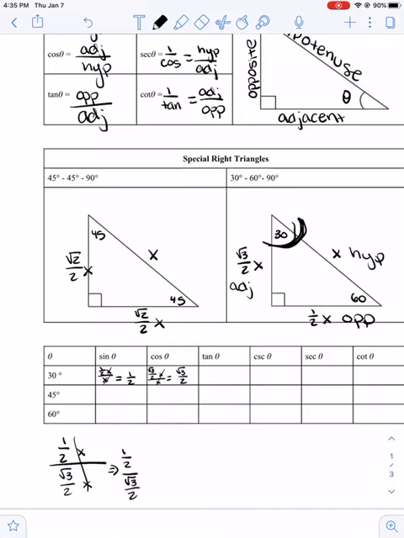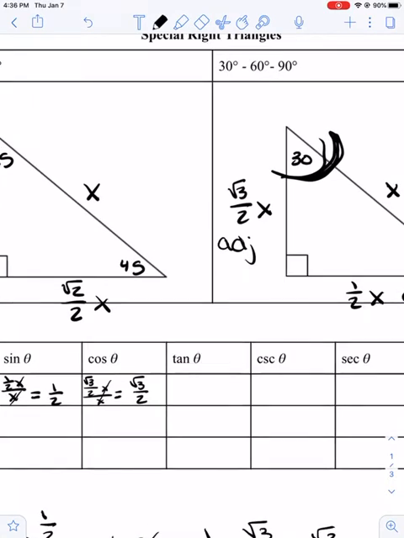I'm going to multiply by the reciprocal, so I have 1/2 times 2 over square root 3. Those 2's cancel, so I get 1 over square root 3. But remember, you can't have a radical in your denominator, so we multiply the top and the bottom by square root 3. That will get us root 3 over 3. So tangent 30 is root 3 over 3.